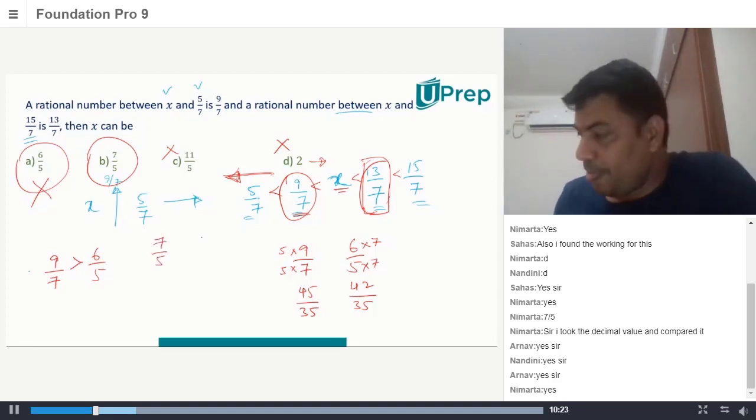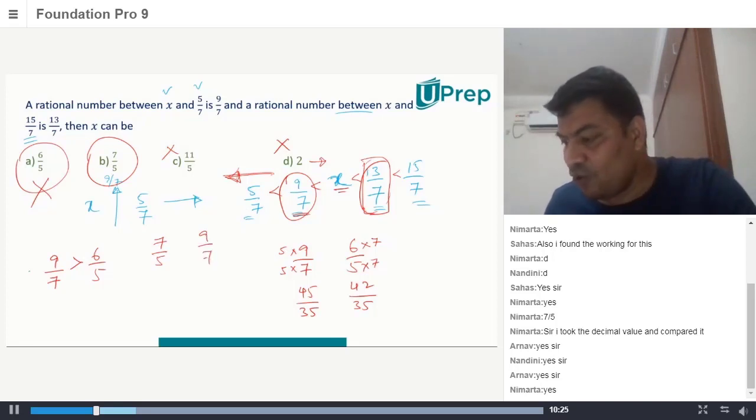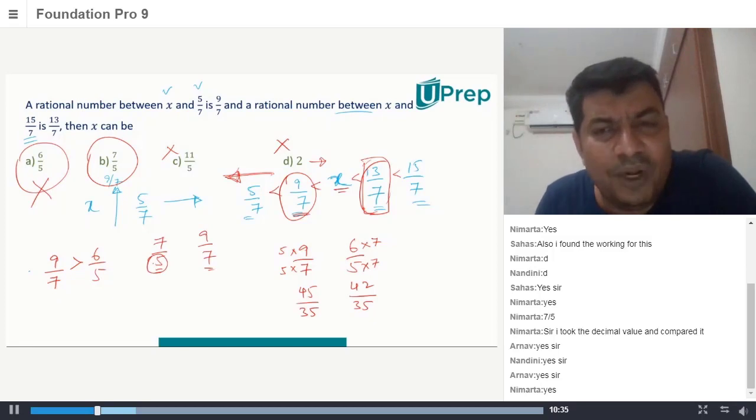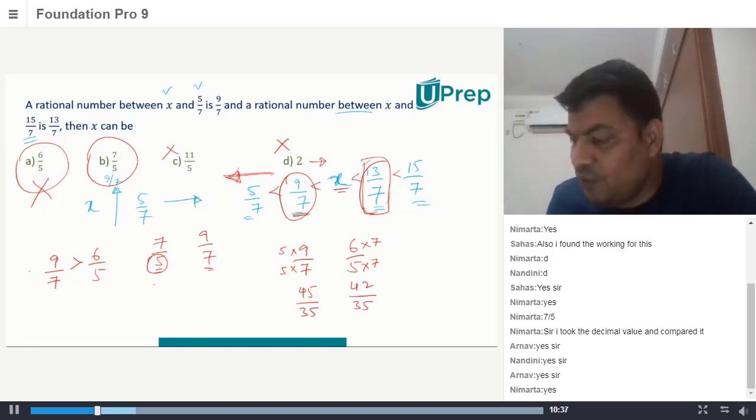Let's see that also. Now I want to compare 7 by 5 and 9 by 7. Once again, we do the same thing. We make the denominators the same, taking the LCM. So to make this same, we multiply this with 7. 7 7s are 49, so this becomes 49 by 35.